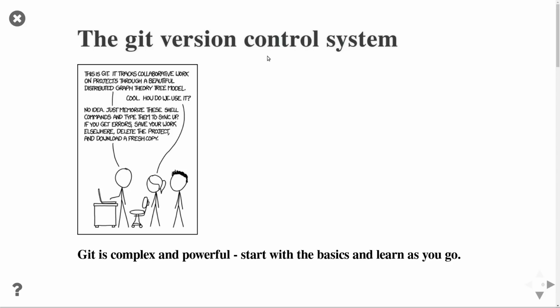The second takeaway message is that it's quite complicated to use, and it might be a bit overwhelming at first. But the point is that you can just memorize some key commands first and start using it. As you get along, you can get more familiar with the system and really make use of the full power of Git.